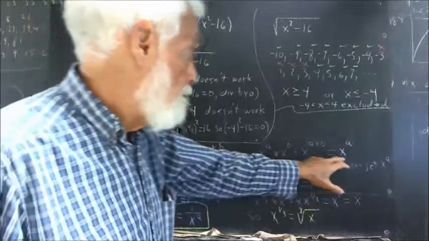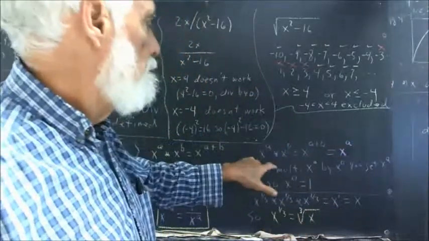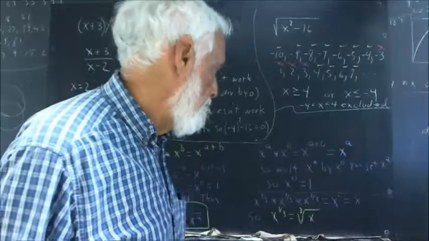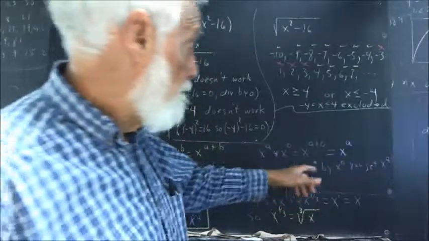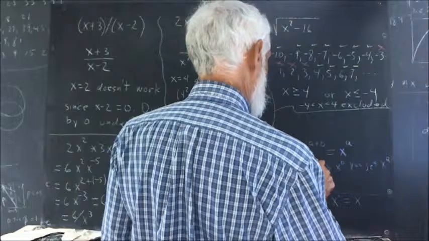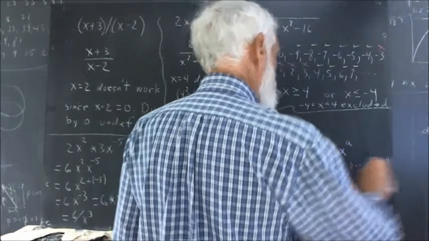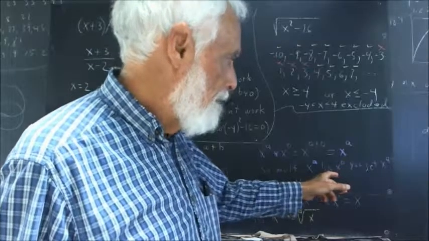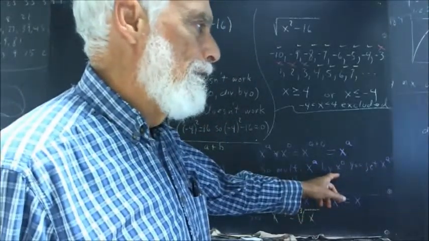Okay, anyhow, that gives us x to the a. So we conclude that x to the a times x to the 0 equals x to the a. Now, when you multiply something by something else and get the same thing you started with, then what's that something else?